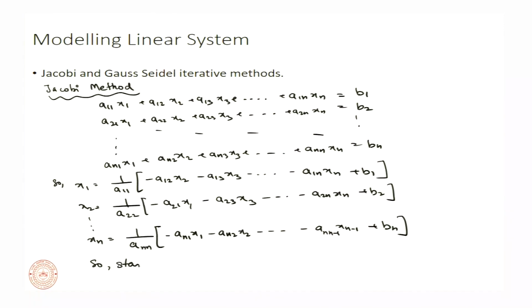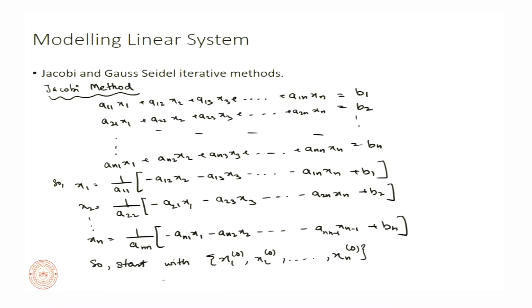Start with a set of values x1 of 0, x2 of 0, to xn of 0, which is our first or initial guess value.